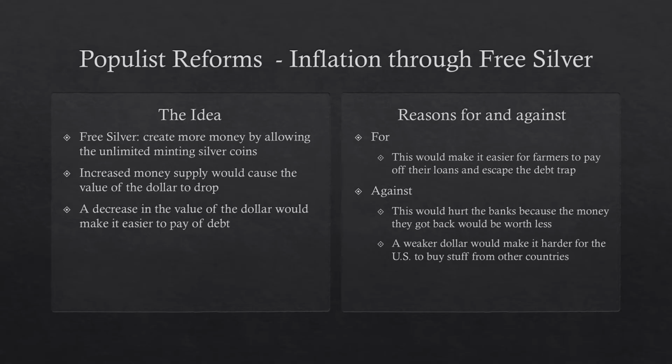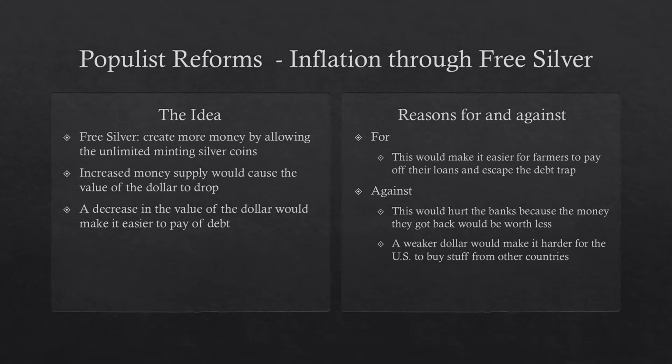Let's look a little bit more at some of the policies of the Populists. Their biggest idea, and the one that they repeat over and over again, is their call for inflation through free silver. So real quick, inflation, if you guys remember, is where money loses its value.